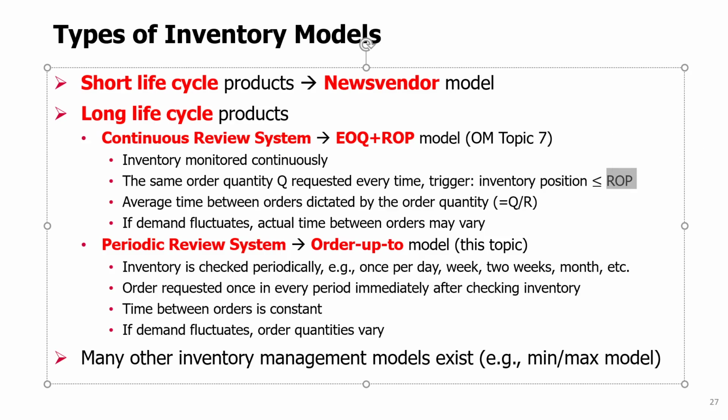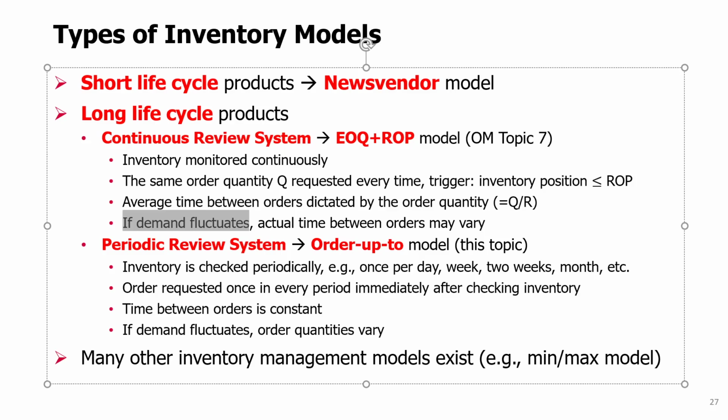Because we have assumed a certain average demand rate R, the average time between orders is determined by this order quantity. But the actual times between orders may vary. So quantity is fixed, but time between orders may vary if demand fluctuates.